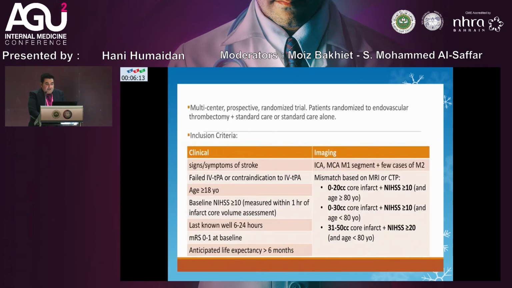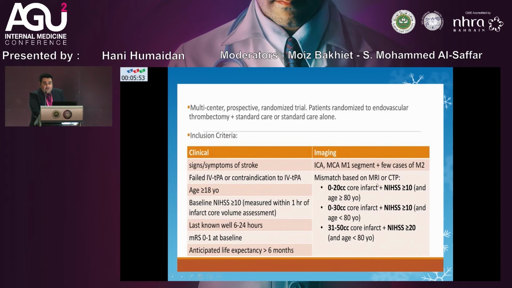For the sake of time, we'll go a bit quick. They used clinical and radiological mismatch. They used the same criteria: age more than 18, baseline NIHSS score more than 10, infarct core volume, last known well between 6 to 24 hours, and modified Rankin 0 to 1.